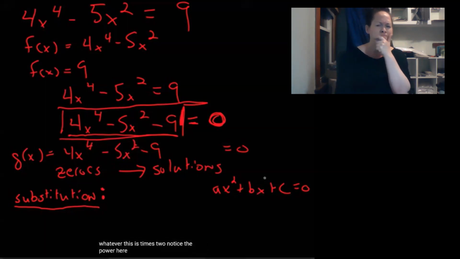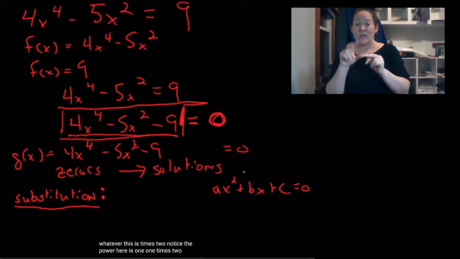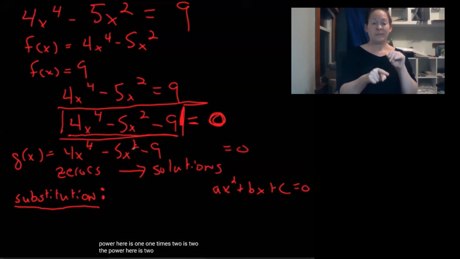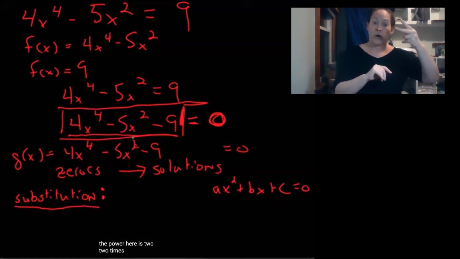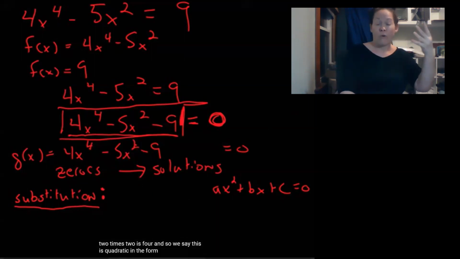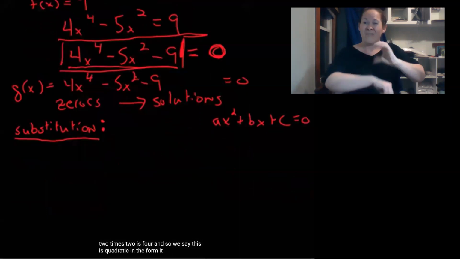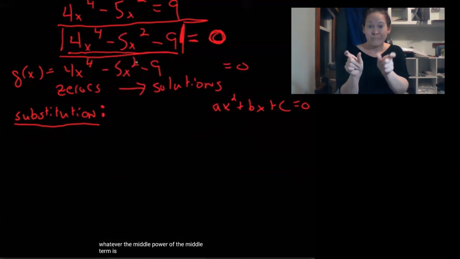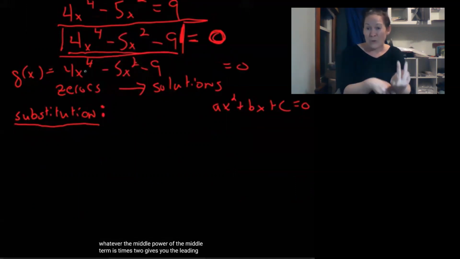Notice the power here is 1. 1 times 2 is 2. The power here is 2. 2 times 2 is 4. And so we say this is quadratic in form.